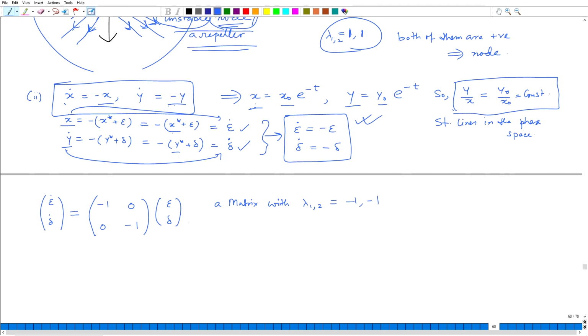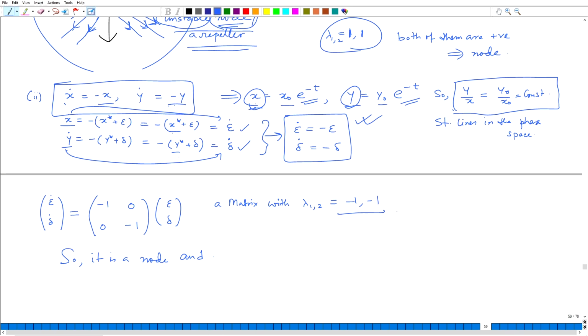So it is a node, since both of them have the same sign, and as time increases, both of them are decreasing in value.